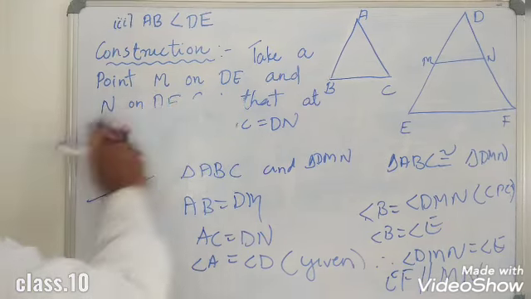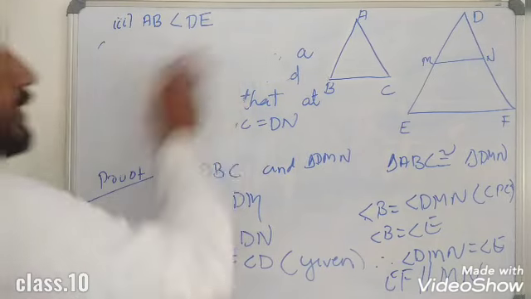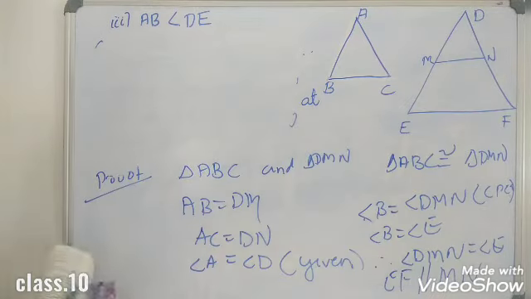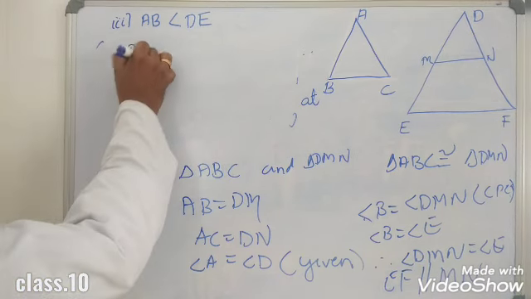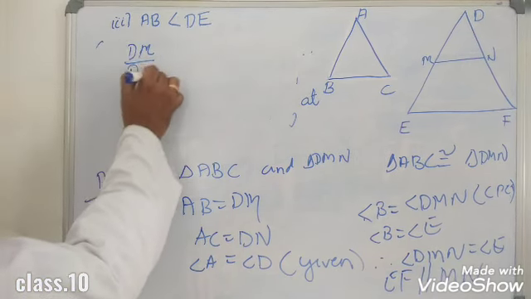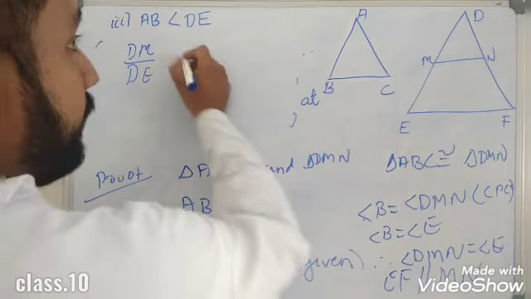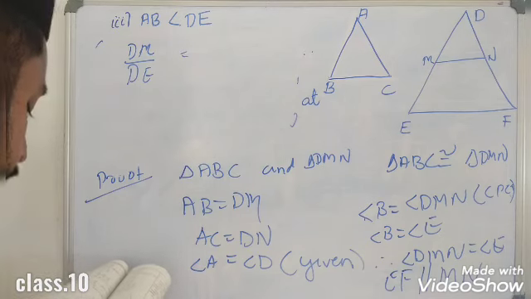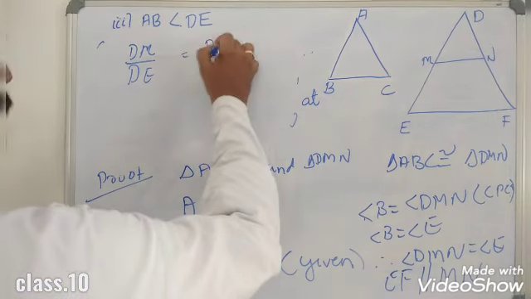Now we can apply BPT, the basic proportionality theorem. Since these two lines are parallel, we can apply BPT. That is, DM by DE is equal to DN by DF.